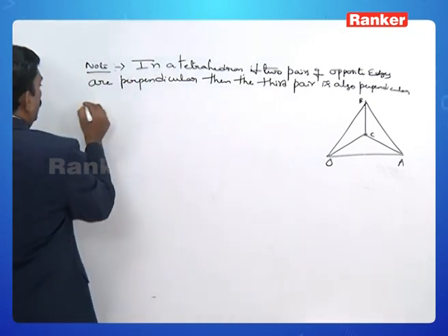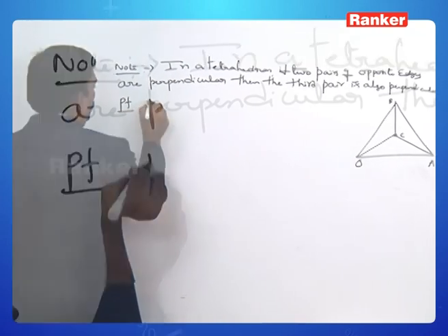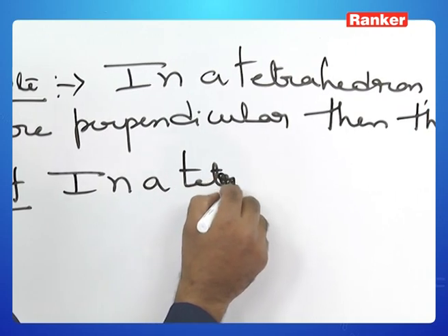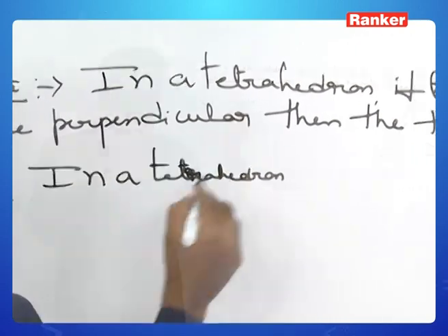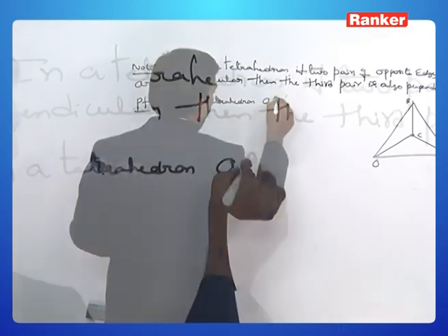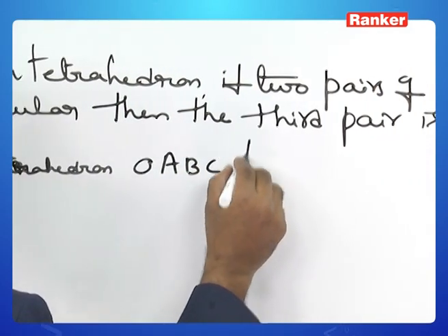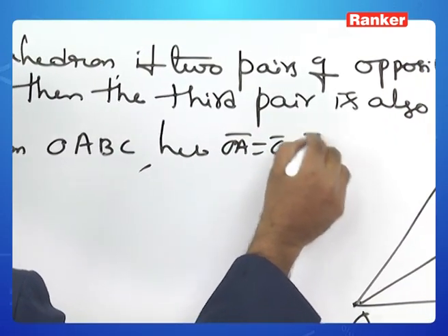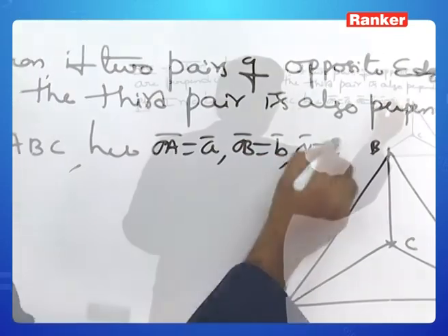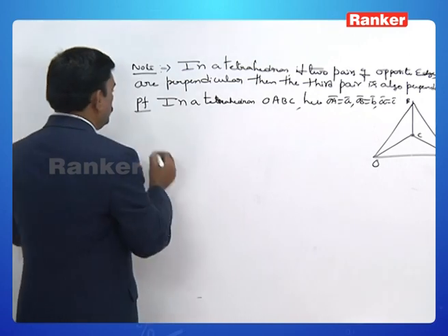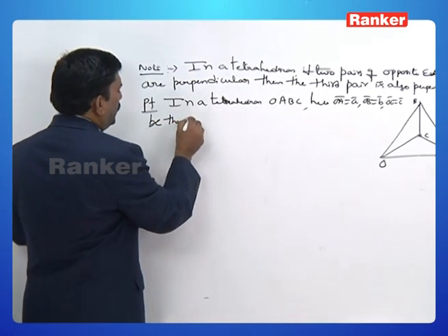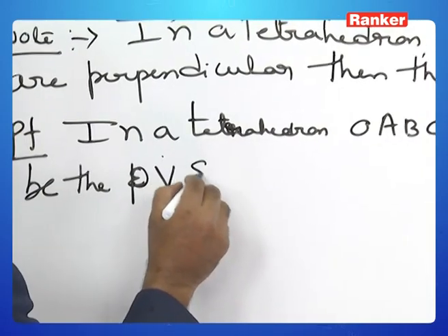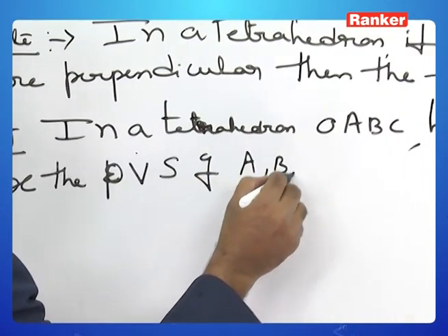Now, in a tetrahedron OABC, let OA bar equal a bar, OB bar equal b bar, OC bar equal c bar be the edges, or the position vectors of A, B, C, right?